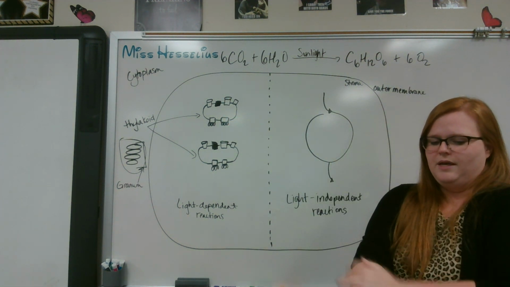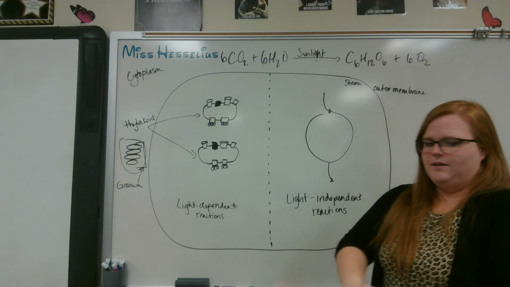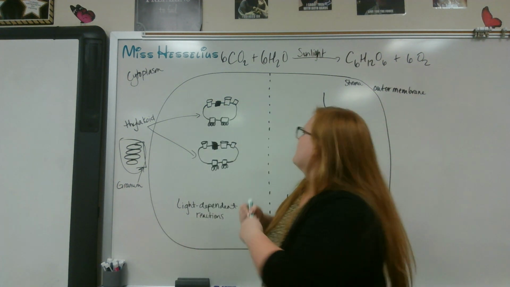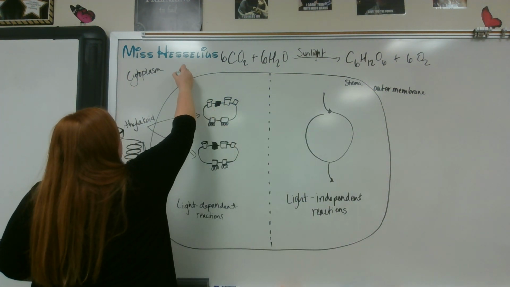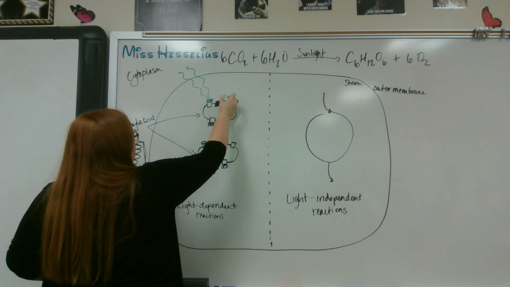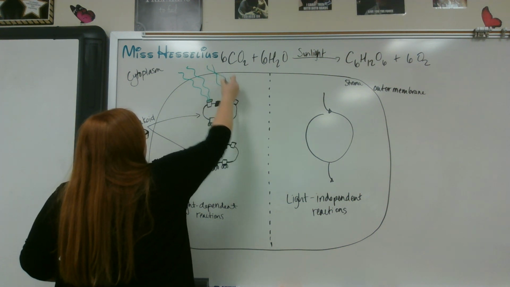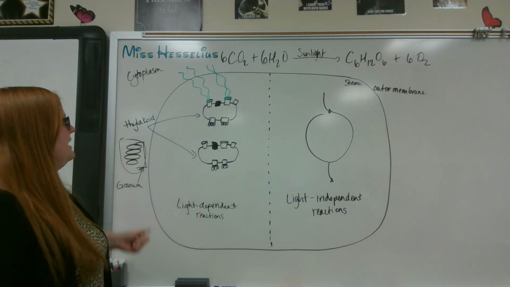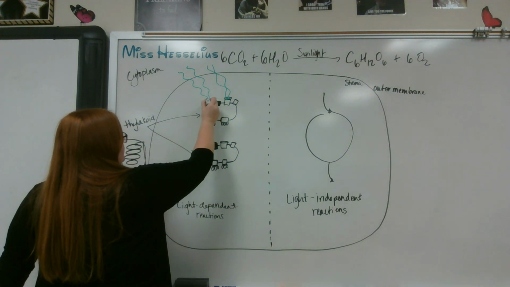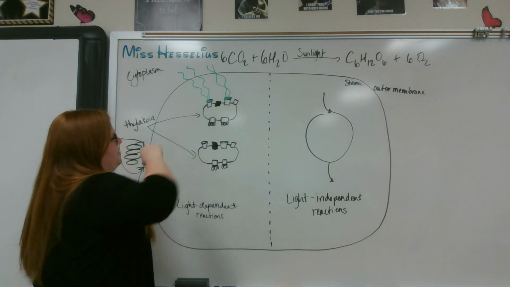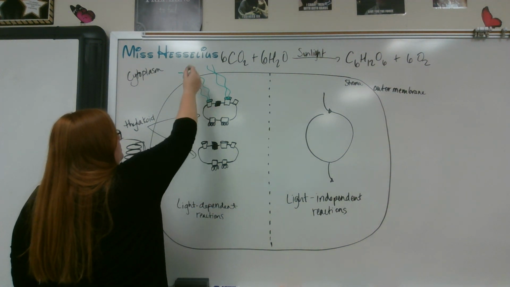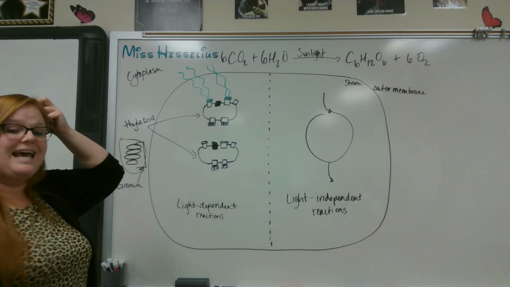All right, so first step of photosynthesis is light hitting these little photosystems, is what they're called. They're protein things that have chlorophyll in them, so that's why I'm doing it in green. Chlorophyll is the pigment that, when light hits it, helps the chloroplast capture that energy.